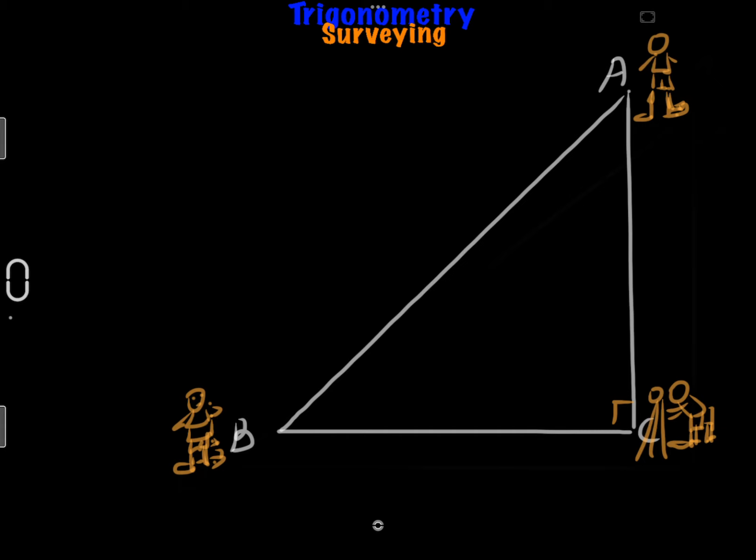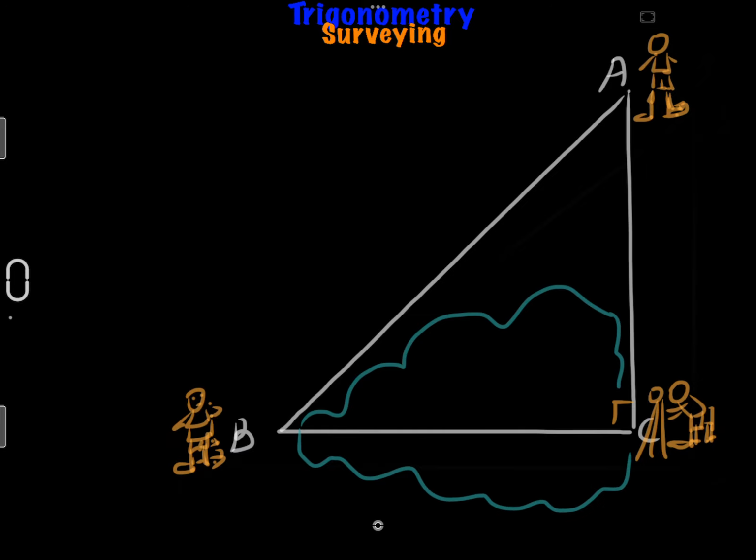To highlight what the situation is all about, it says here, a surveyor needs to find the width of the dam. So it's important now to indicate where the dam is. So here's the dam. This is essentially where the dam is.